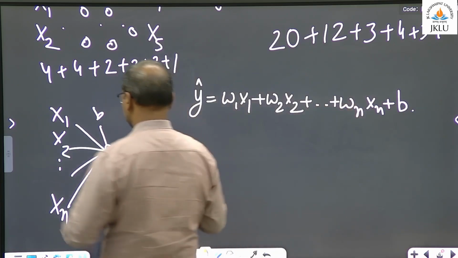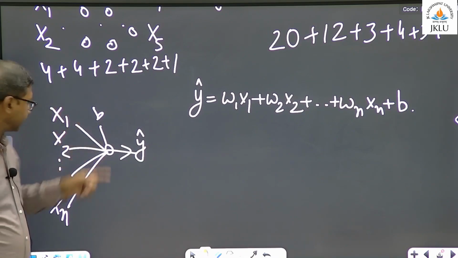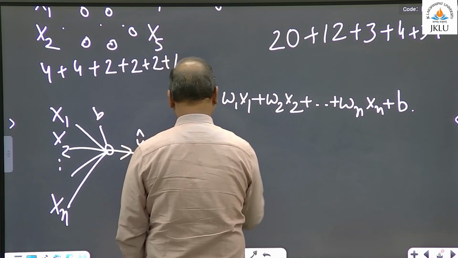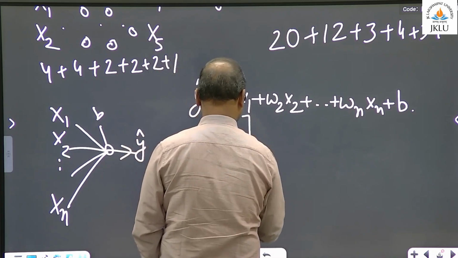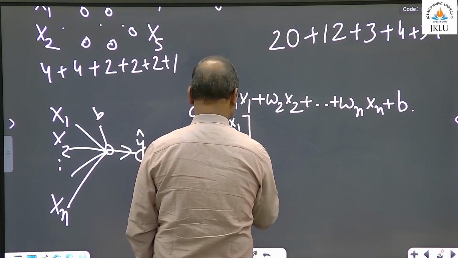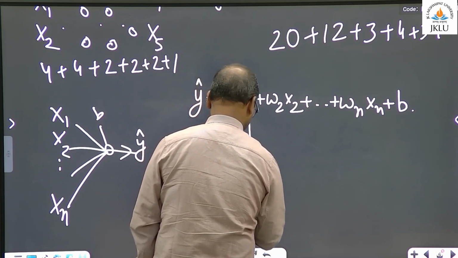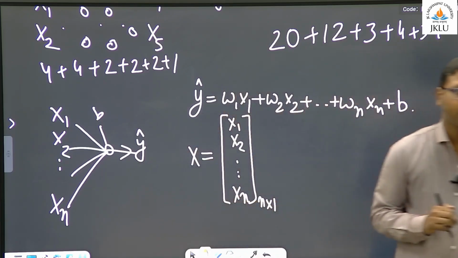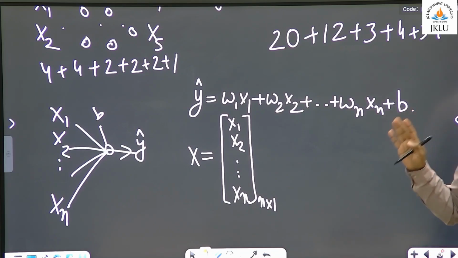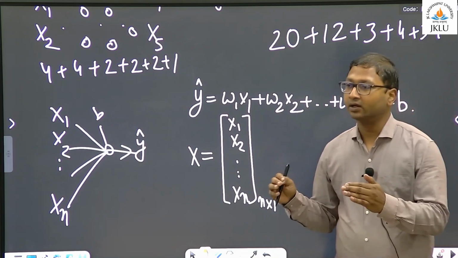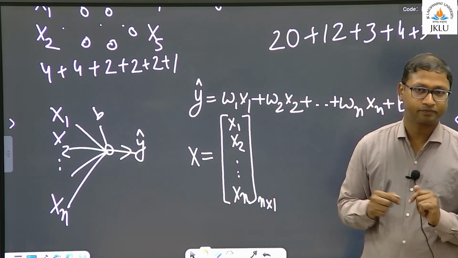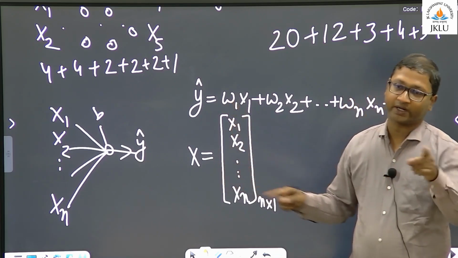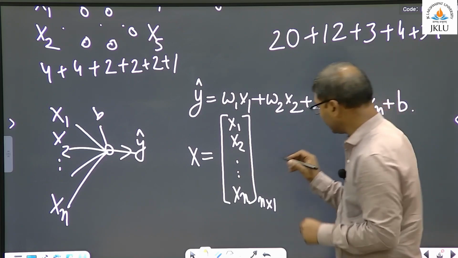Since we know weight matrices, what is my input vector? Input vector, let's say, is this one. This is an n cross 1 vector. Conventionally when you say a vector, you mean a column vector, unless somebody says x is a row vector. Then again w is a vector.